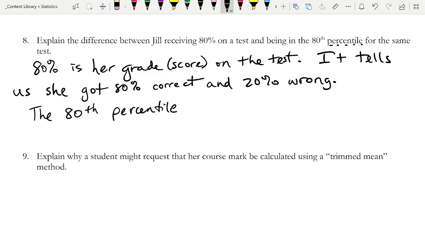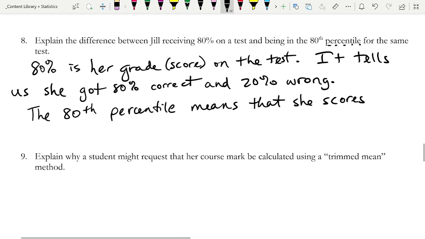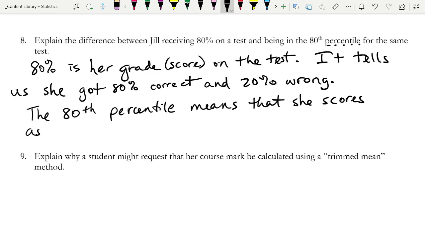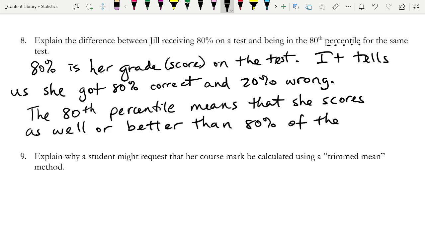So the 80th percentile means that she scored as well or better than 80% of the, I don't know if it's one class, so I'll just say students. So there we go. There's a good answer for that one.